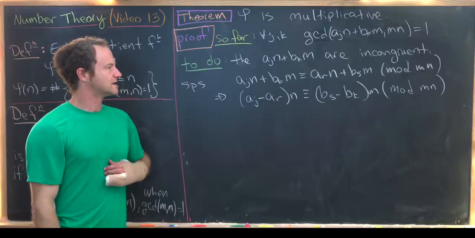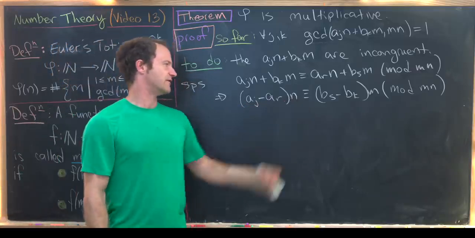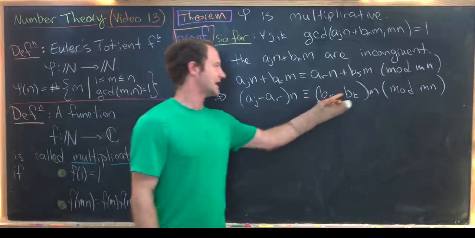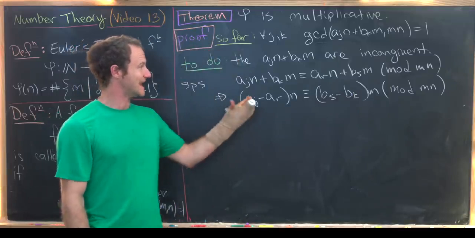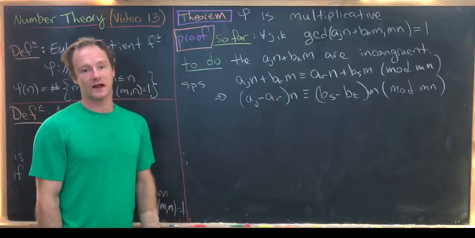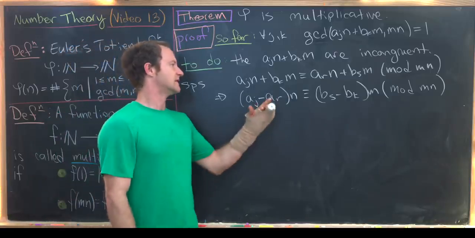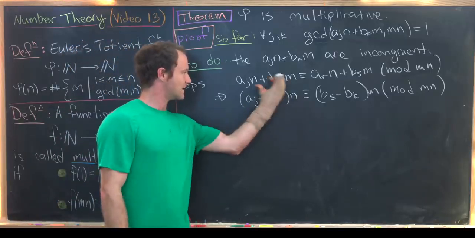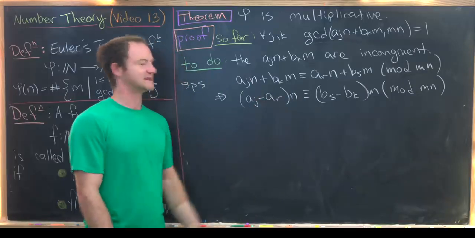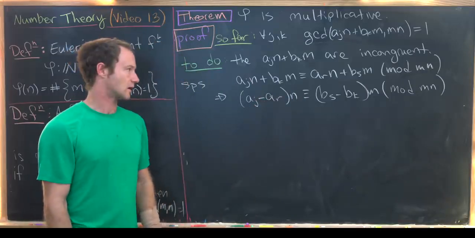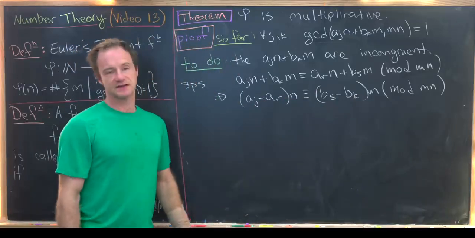Okay, but let's see what we've got. The left-hand side is a multiple of n. The right-hand side is a multiple of m. But n and m are relatively prime. But that tells us that the multiple of m that's occurring on the left-hand side must be wrapped up in this AJ minus AR, because since the right-hand side's a multiple of m, so is the left-hand side.